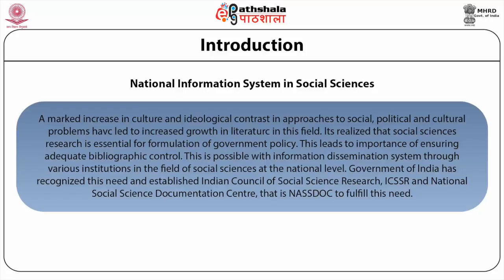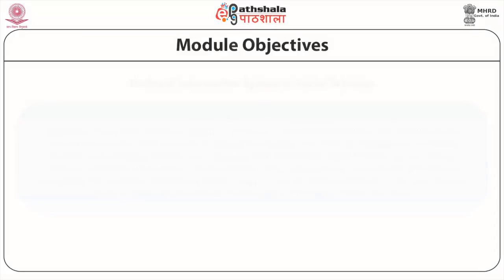This is possible with an information dissemination system through various institutions in the field of social sciences at the national level. The Government of India has recognized this need and established the Indian Council of Social Science Research, that is ICSSR, and the National Social Science Documentation Center, that is NASSDOC, to fulfill this need.